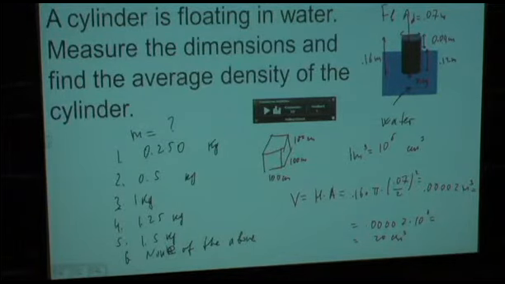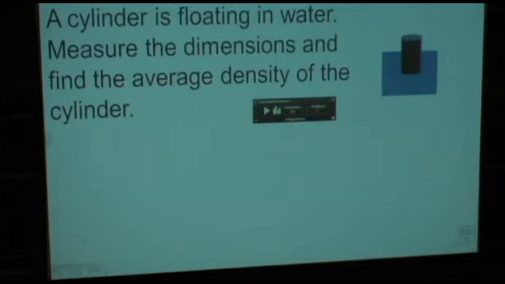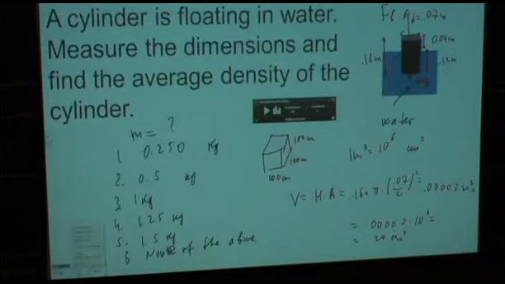So, what just happened? The density of water, 1,000.